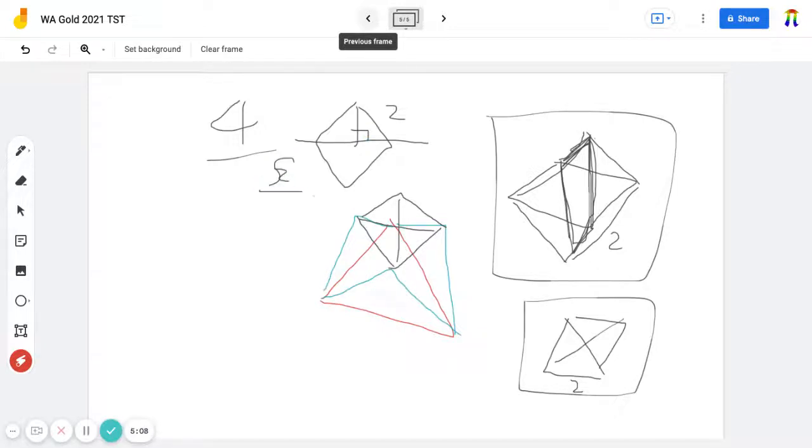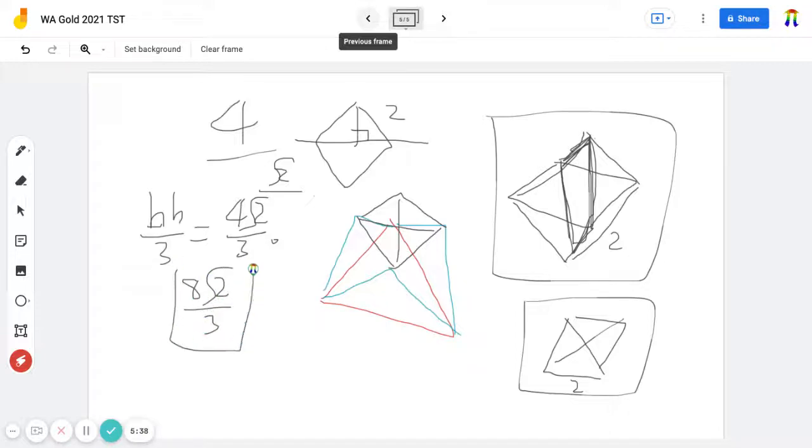So the volume of the square pyramid is base times height over 3, which is equal to 4 times the square root of 2 over 3. Because we have 2 of these square pyramids, the volume of the entire octahedron is 8 times the square root of 2 over 3 for the octahedron.